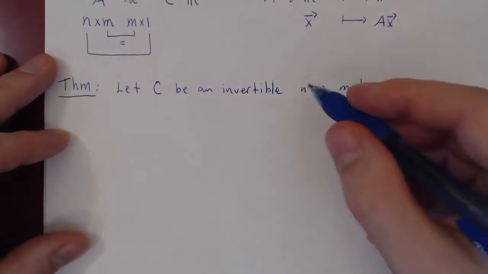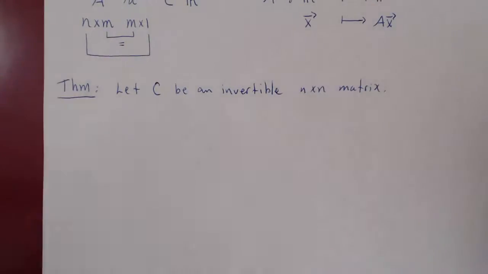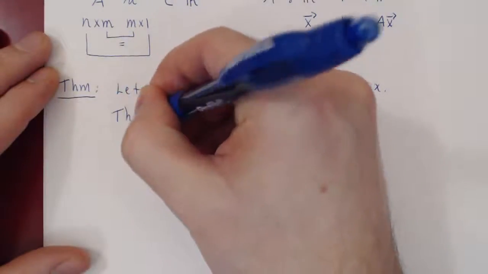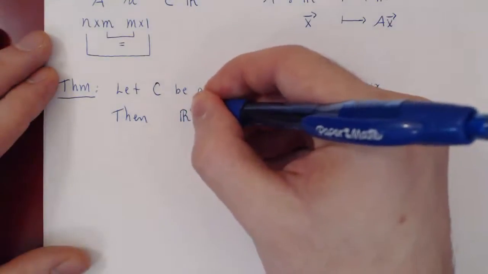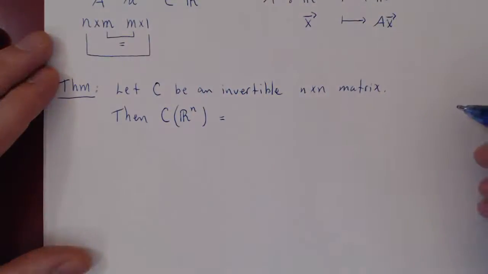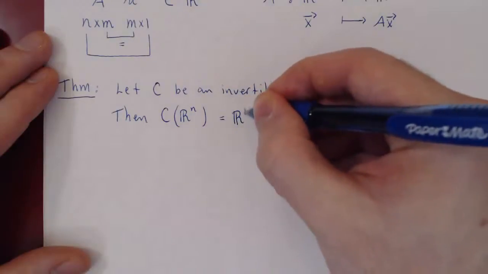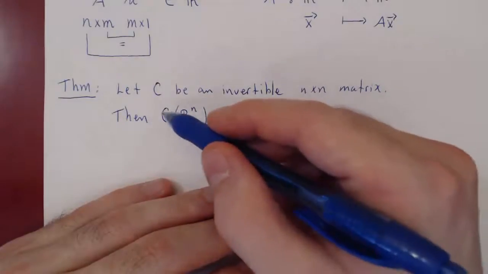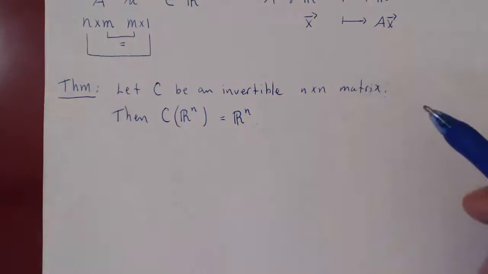Then, as long as C is invertible, if you take every possible vector in Rn and multiply those vectors by C, what happens to Rn? And the answer is, well, nothing. You get Rn back. So the image of Rn under multiplication by C is just Rn, as long as C is invertible.